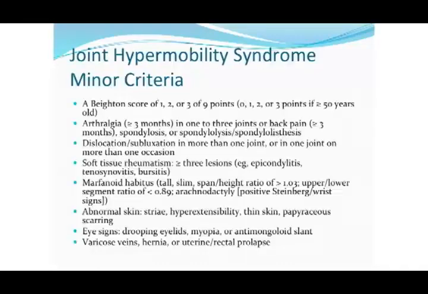And the minor criteria include lower Beighton scores, 1, 2, or 3, arthralgias in 1 to 3 joints or back pain for more than 3 months, spondylosis or spondylolisthesis, dislocation or subluxation in more than 1 joint or in 1 joint on more than 1 occasion, soft tissue rheumatism with more than 3 lesions, so epicondylitis, tenosynovitis, bursitis, and so on.